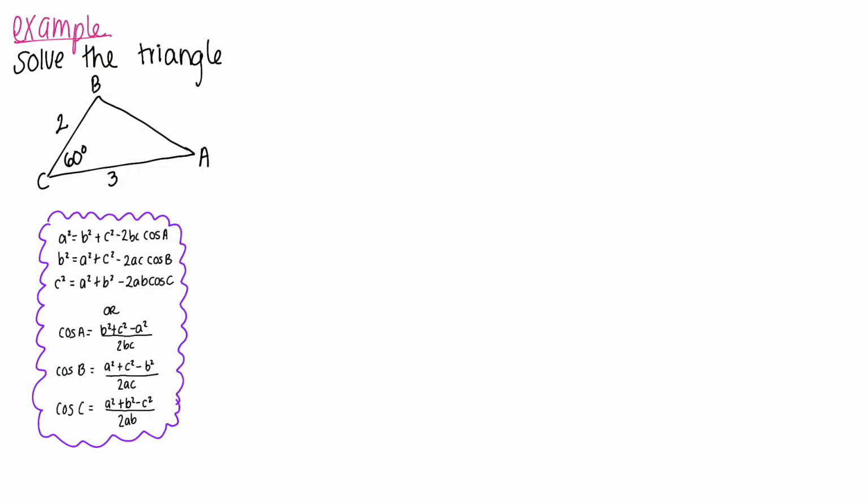All right, so I went ahead and put our formulas right down here so that we could easily keep track of them. And we're looking at solving this triangle right here. We know that this is going to be a law of cosines situation because we don't know everything about any of the letters. If we write down what we have, we don't have angle A, we don't have angle B, we have angle C and it's 60 degrees.